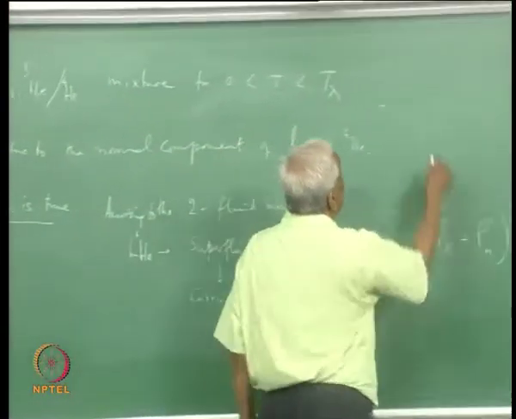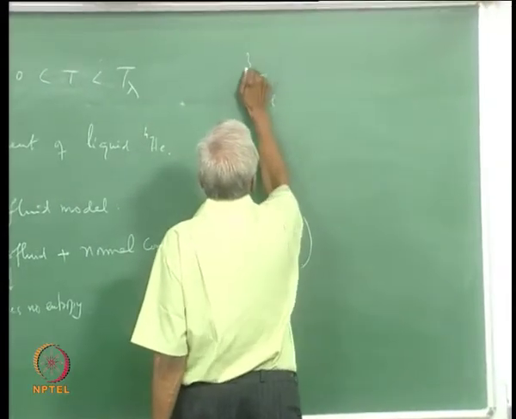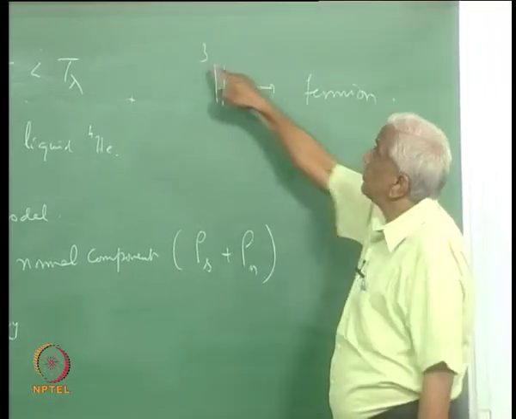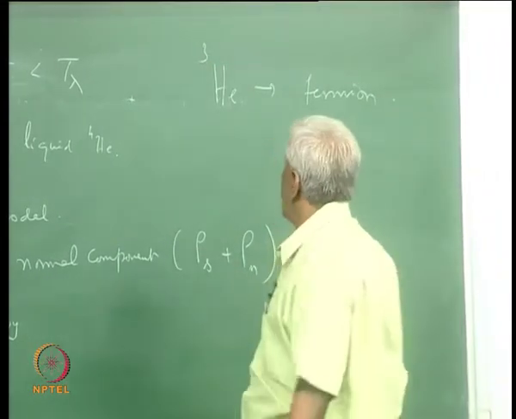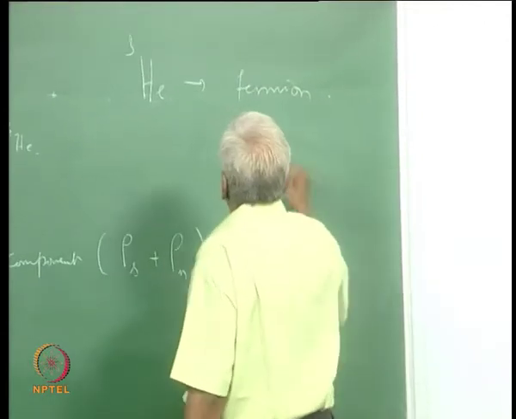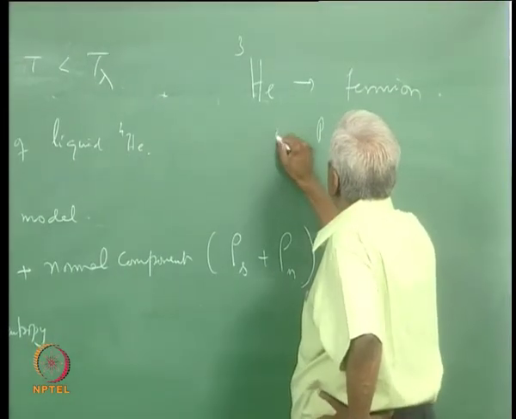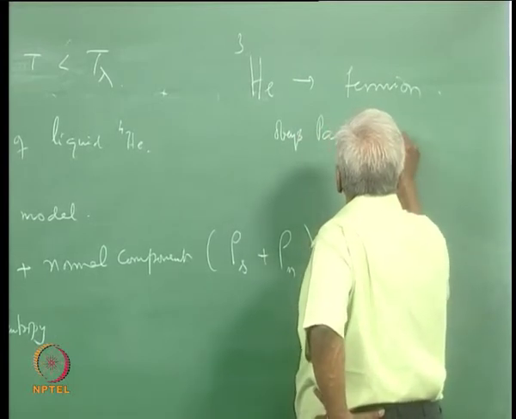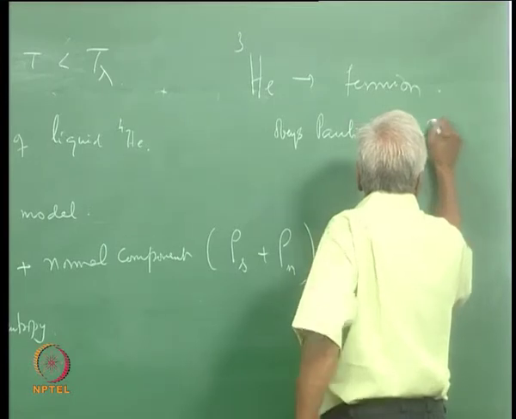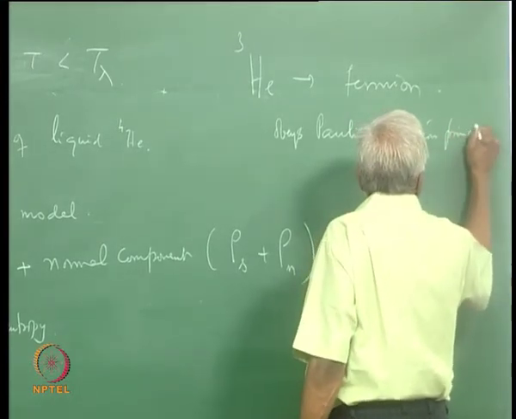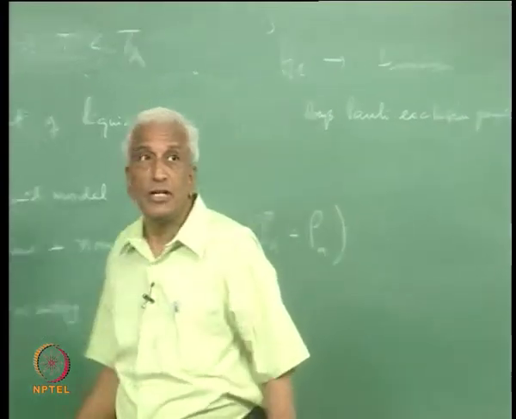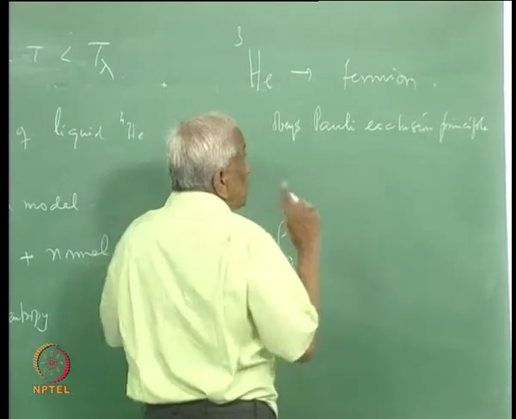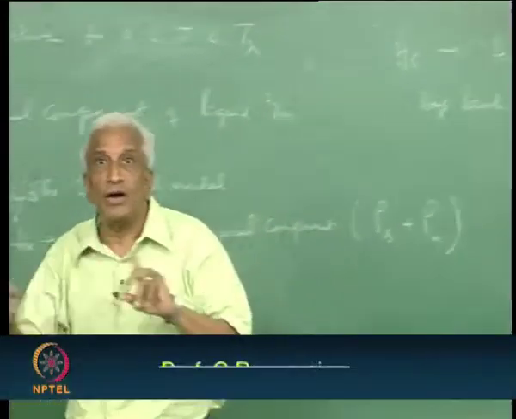Now, coming to helium-3, it is a fermion because of the odd number of nucleons, 3. Therefore, it obeys the Pauli exclusion principle, according to which each state is either occupied or unoccupied.